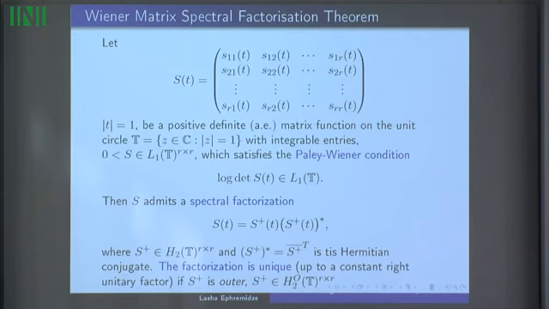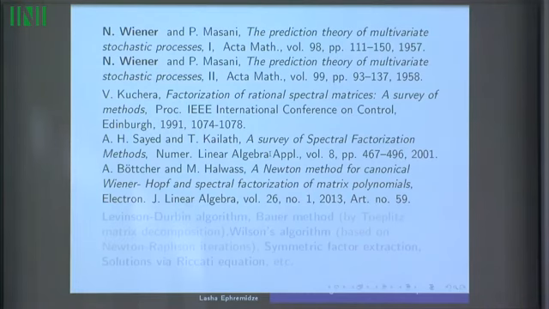And we will provide a method for approximate factorization: for a given S, how to find this S plus approximately. The method will be provided and explained. Wiener himself proved the existence of spectral factorization in this positive definite case.